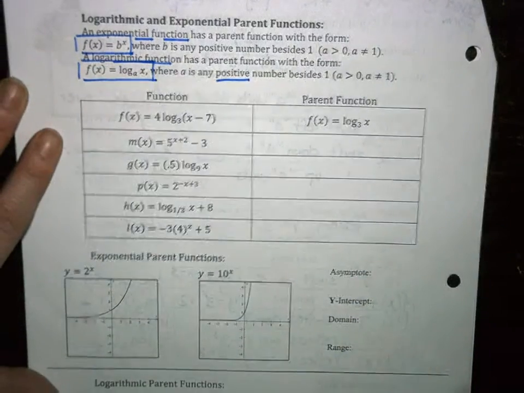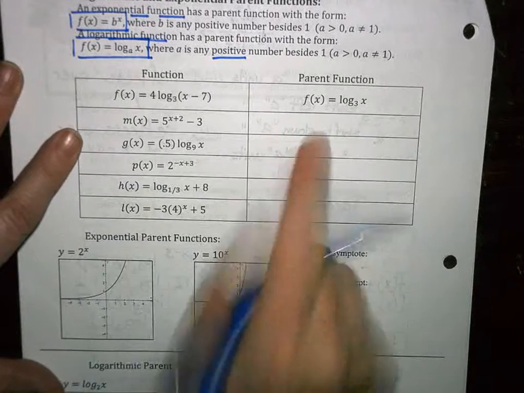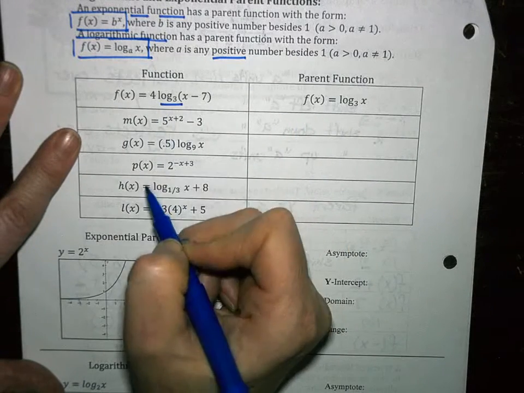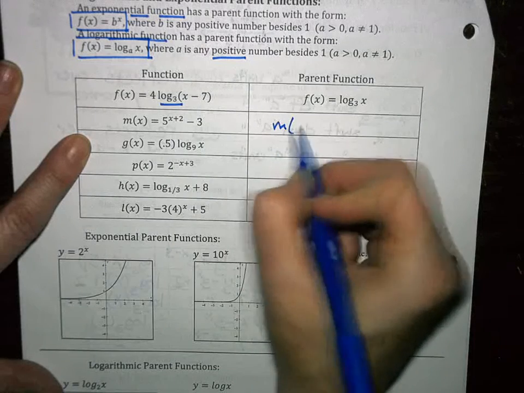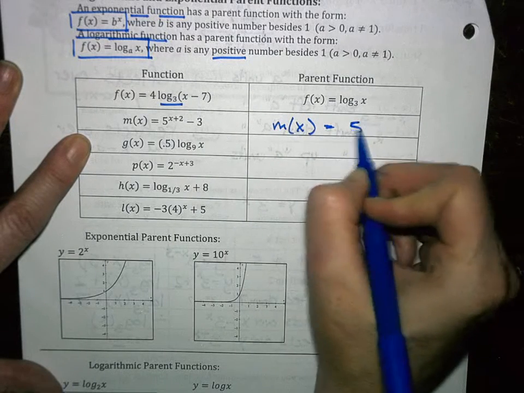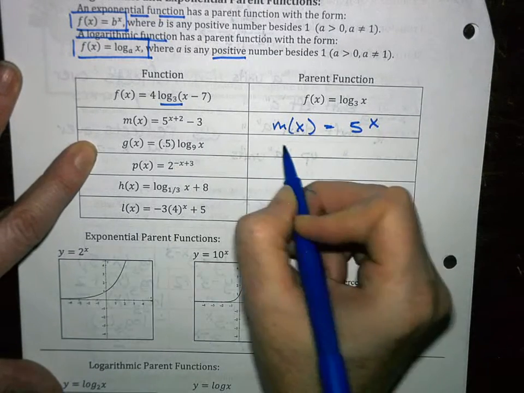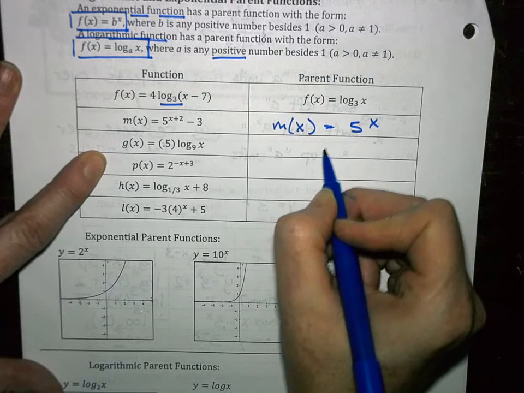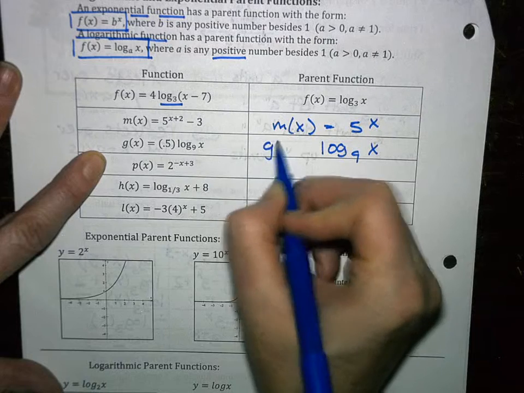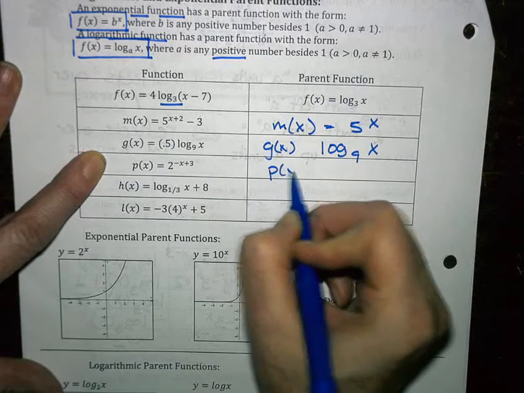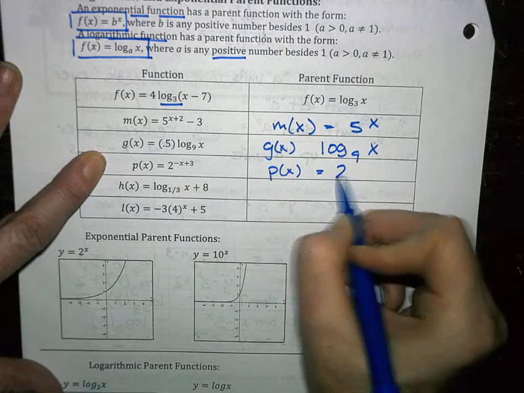So what are we looking for in the parents? We take away a and h, and we've got that. M of x, what's the parent? 5 to the x. G of x is equal to log base 9 of x. And then p of x is just 2 to the x.